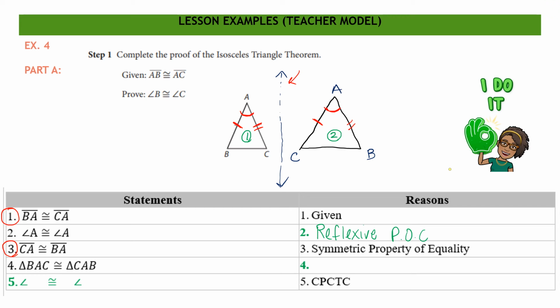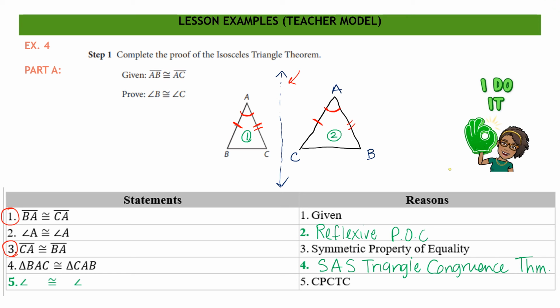Also, that angle happens to be in between the two corresponding sides, meaning that the angle is included. So if I have two corresponding sides that are congruent and one included angle, that tells me that is the side, angle, side, triangle congruence theorem.